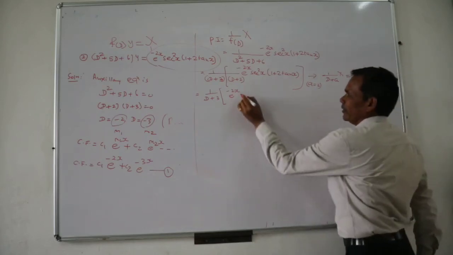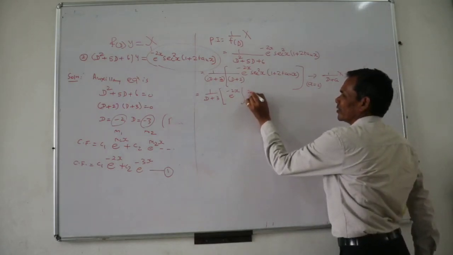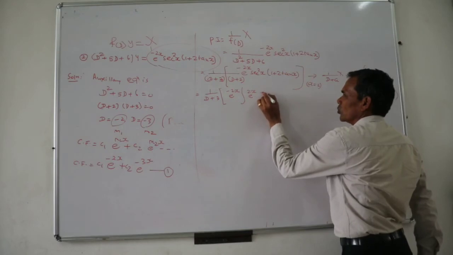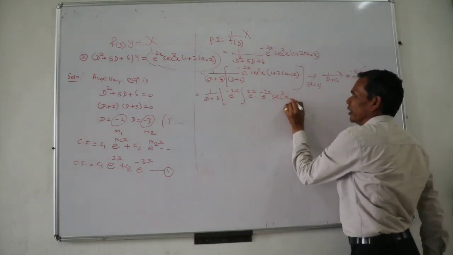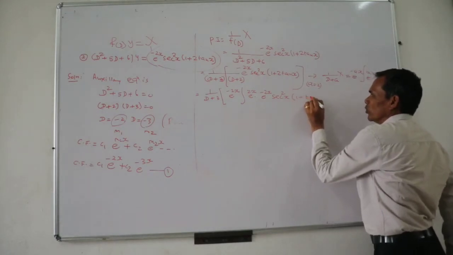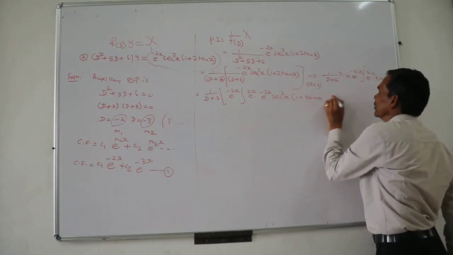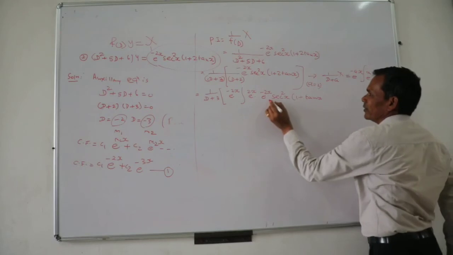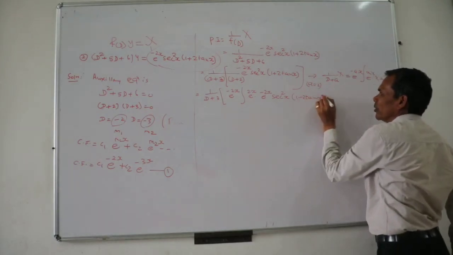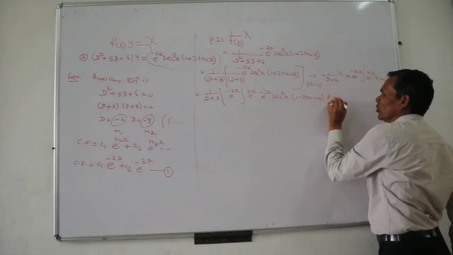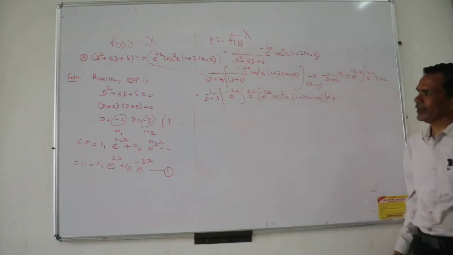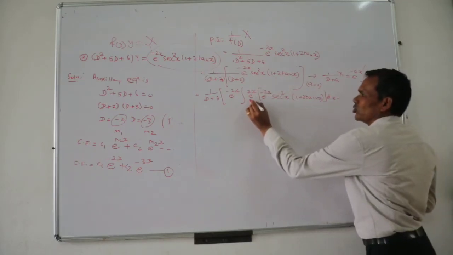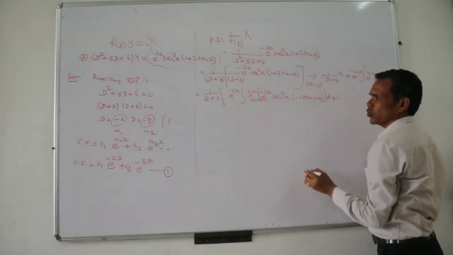So it would be something like e raised to 2x into e raised to minus 2x into sec square x into 1 plus 2 tan x, because here capital X would be this whole expression, 1 plus 2 tan x, into dx. So this is your capital X, and this is to be integrated here. So I just join these two here. It is e raised to 0.